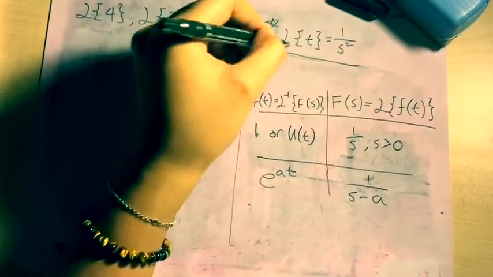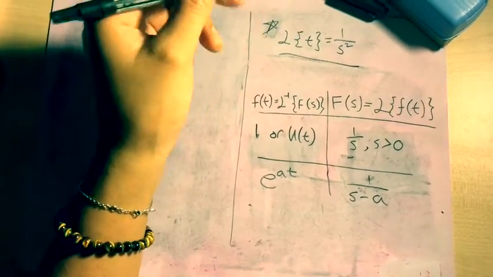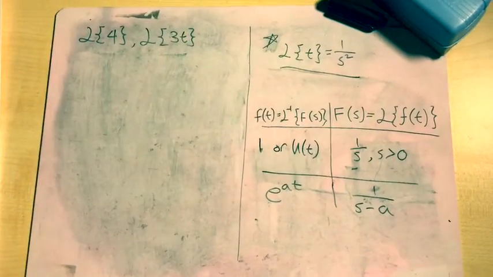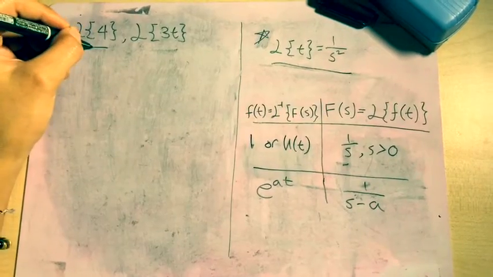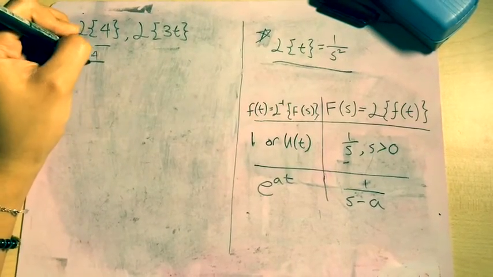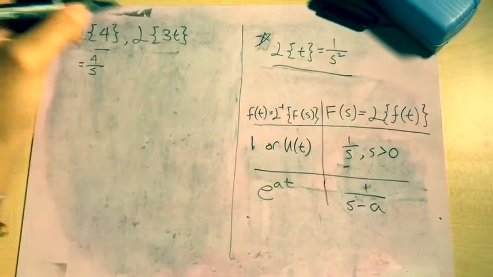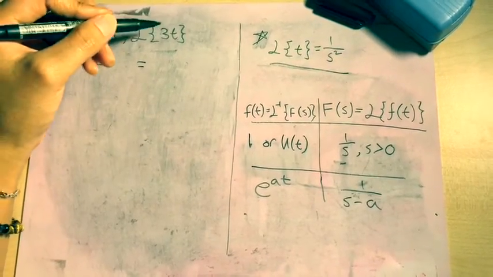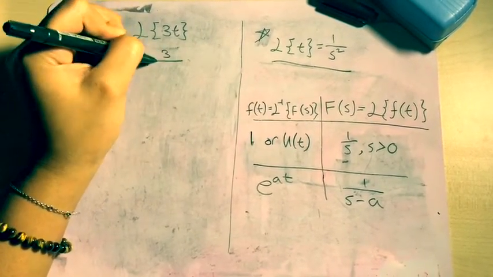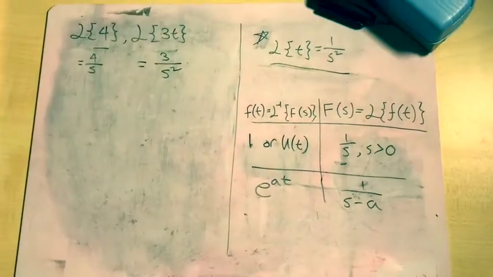Alright, this is just something you should note, that Laplace transform of t is 1 over s squared. So earlier on, we did Laplace transform of 4, which is equal to 4 over s, right here. And Laplace transform of 3t is 3 over s squared.